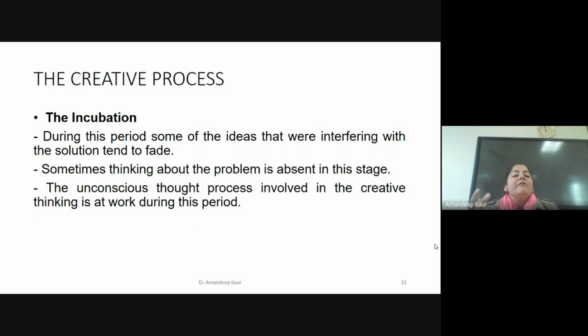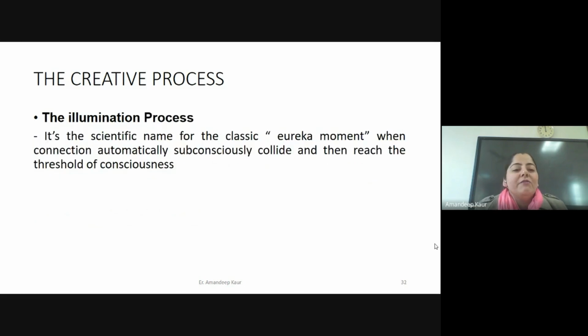So once in a while a valid solution is generated in the mind of the individual, and ultimately we will be able to find out the solution, and that is the eureka moment. So connections automatically, subconsciously collide and then reach the threshold of consciousness.